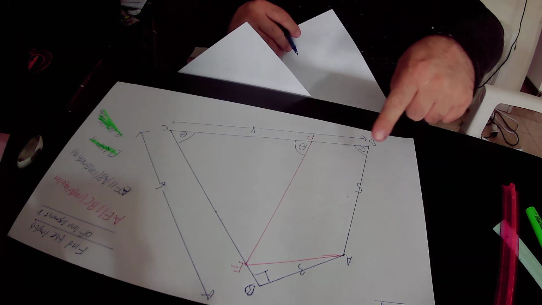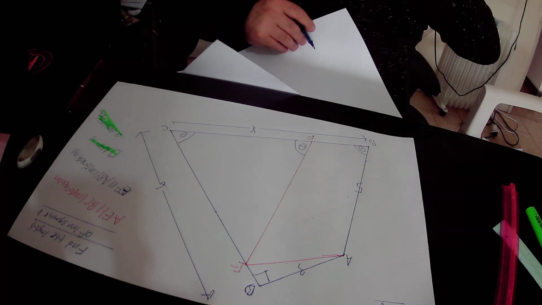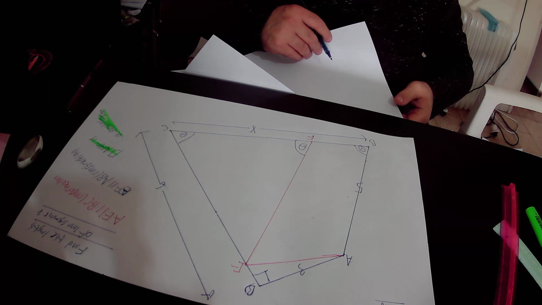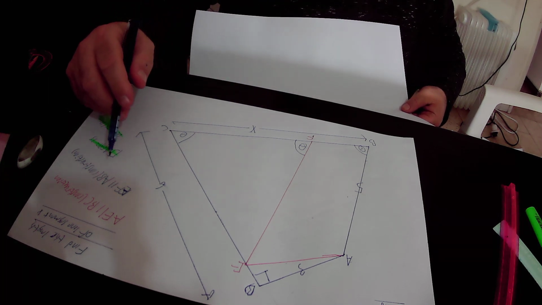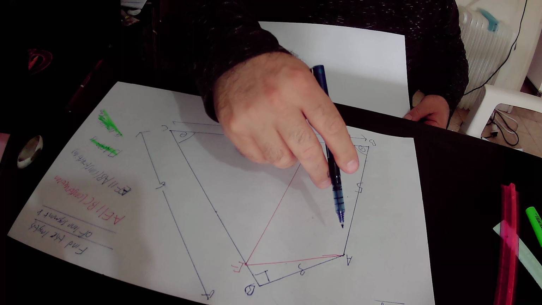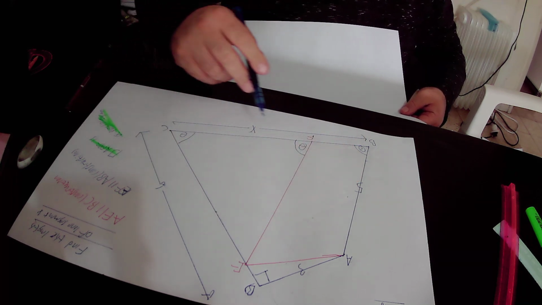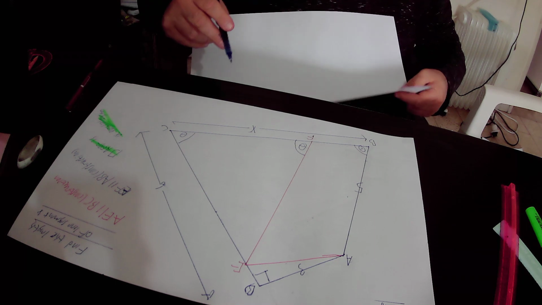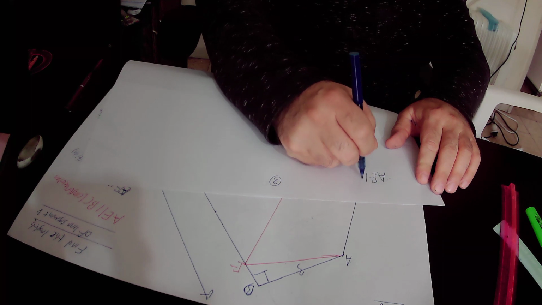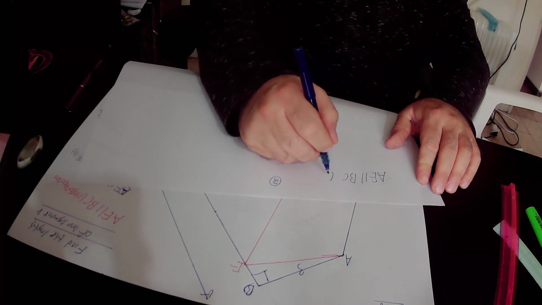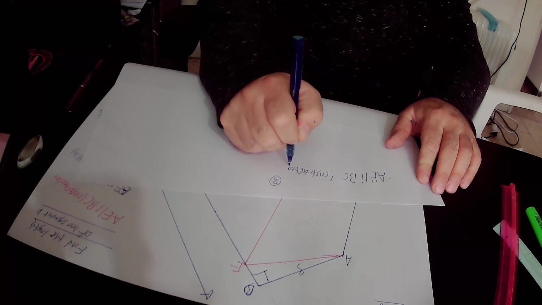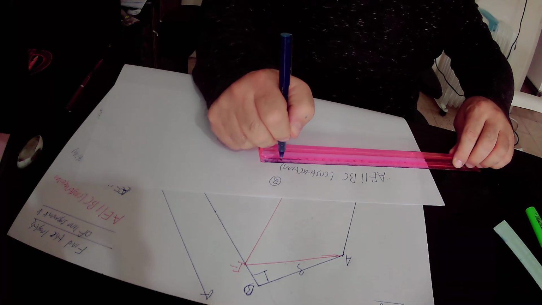Again, AB over AE is parallel to BC. Again, AE is parallel to BC according to our construction.